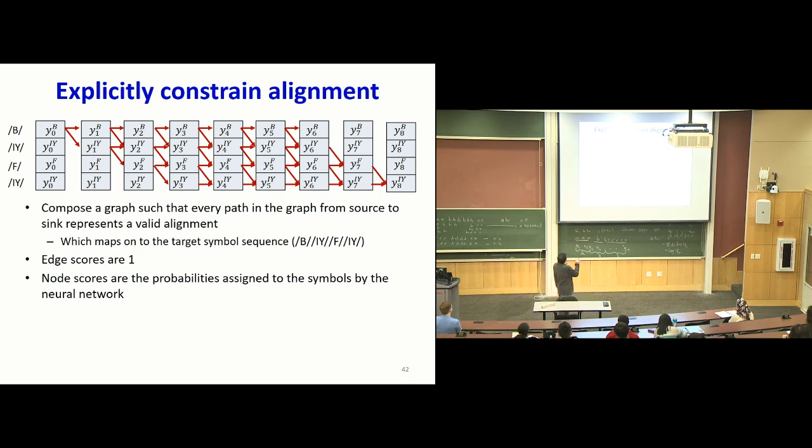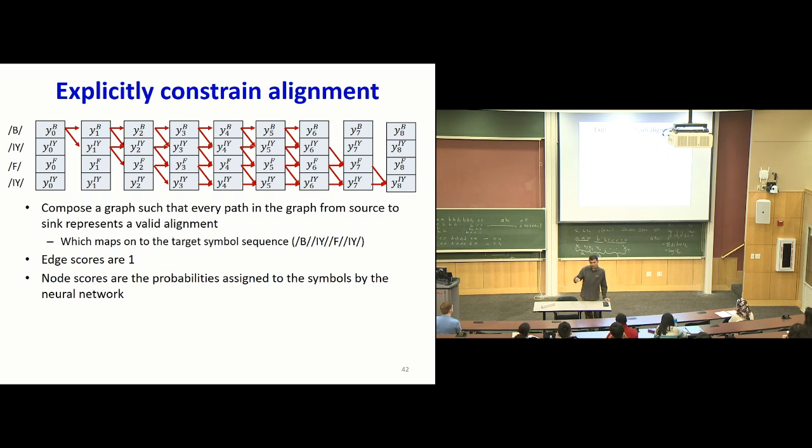To each node in the graph, I'm assigning the probability of the corresponding symbol. Every edge in the graph has a score of 1, right? And now if I draw any path through this graph, that path is going to have to start from here, and you're going to walk through this over the edges, and you're going to end up over here. And you have a guarantee that regardless of the path you take, this is going to represent the sequence B phi.